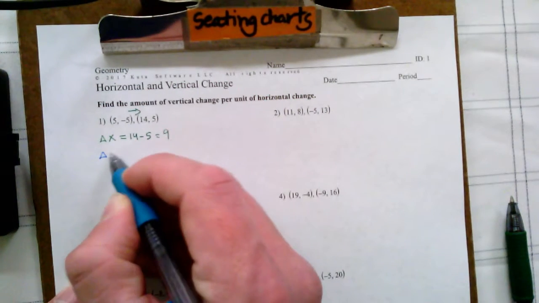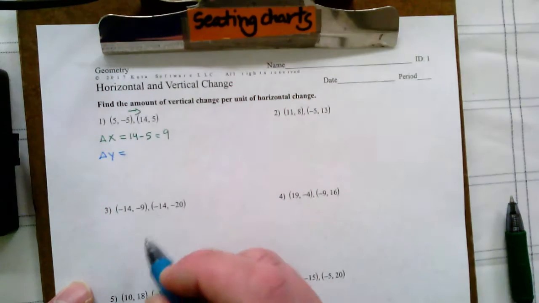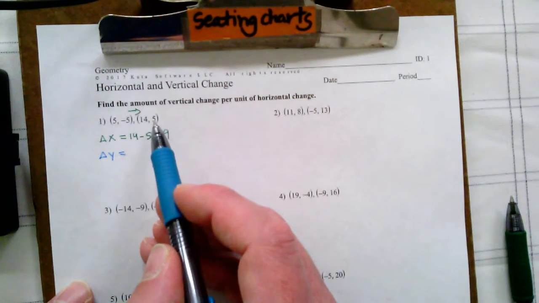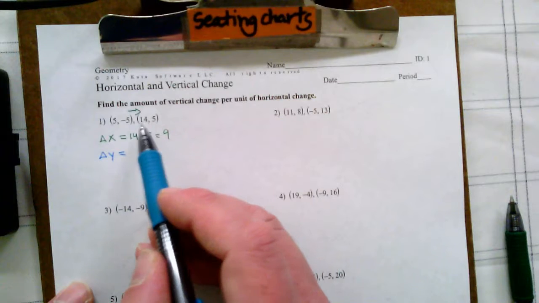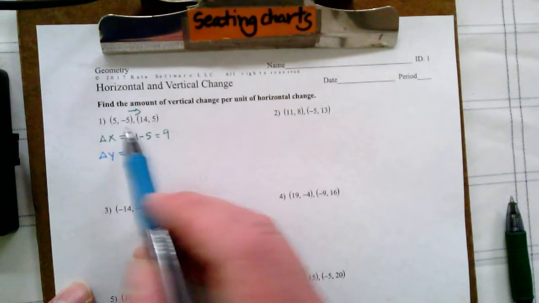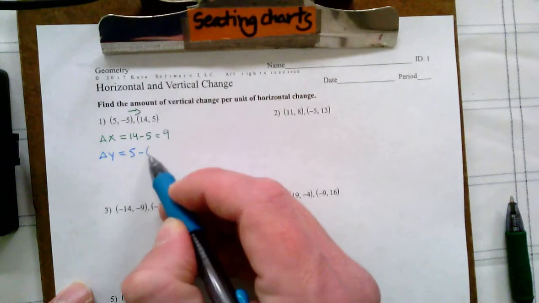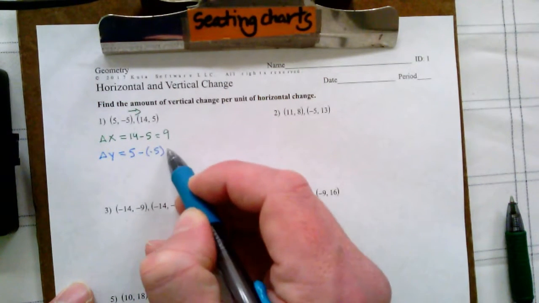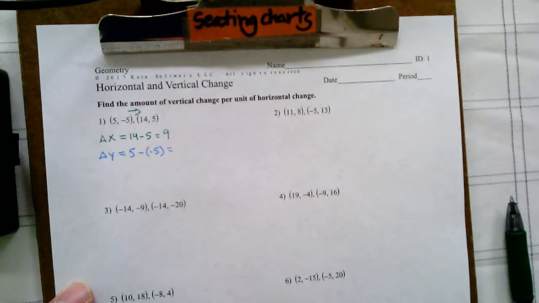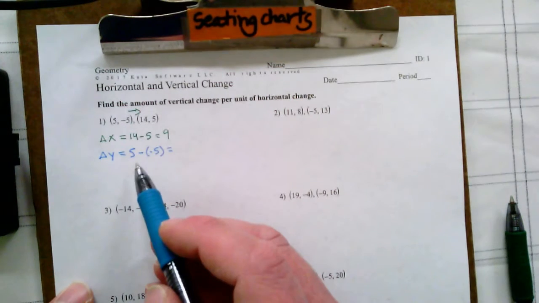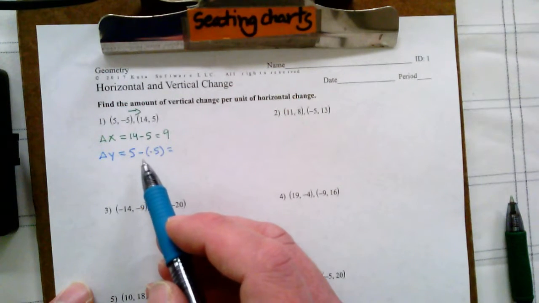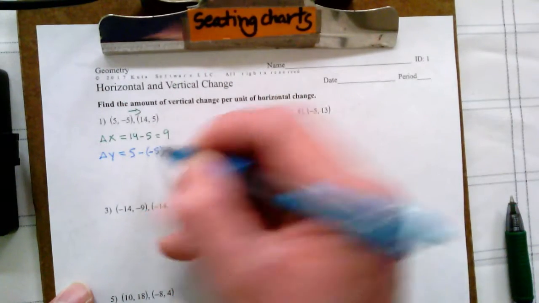Next we have our delta y, our change in y. And remember, it's ending y minus our beginning y. So be careful here. It's 5 minus negative 5. So remember, if you subtract a negative, it's the same as adding a positive.